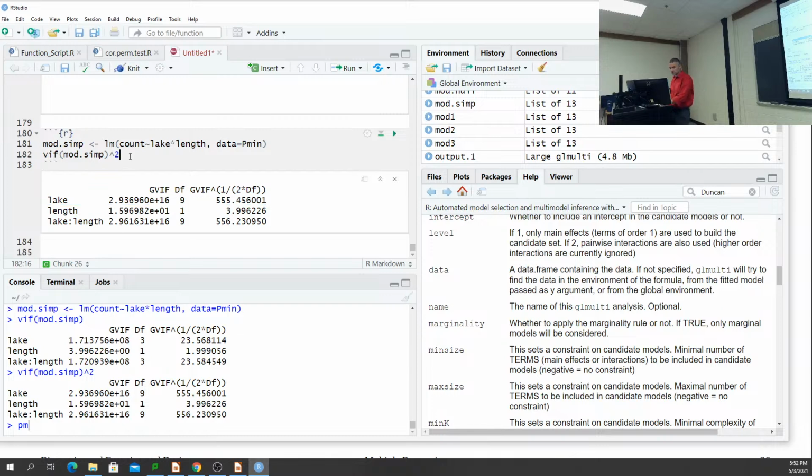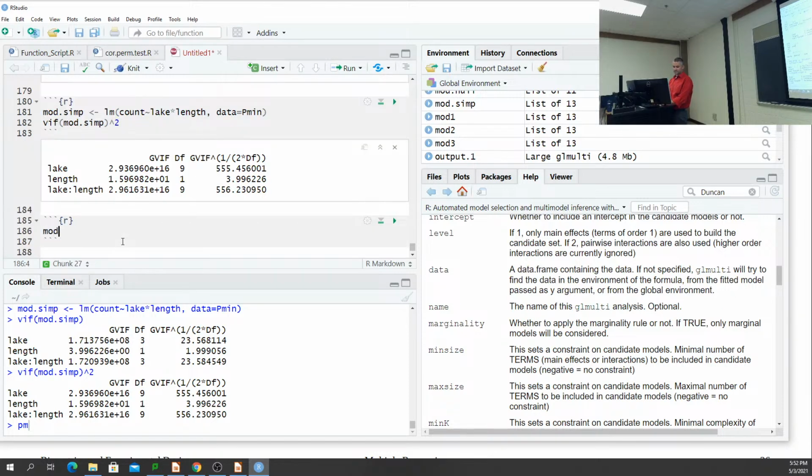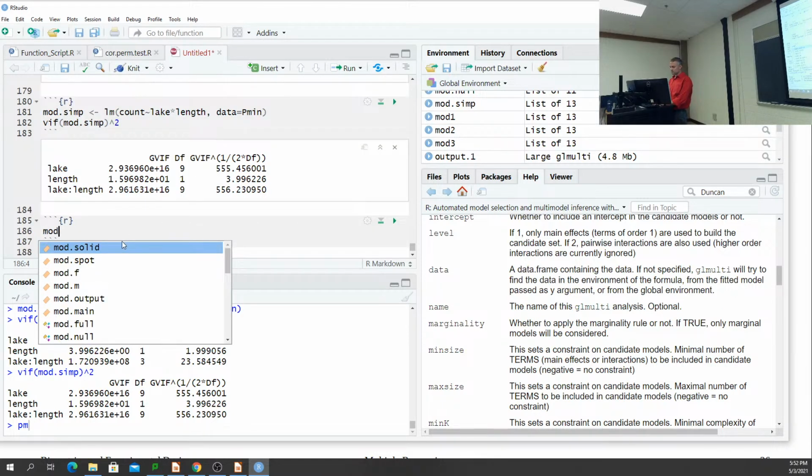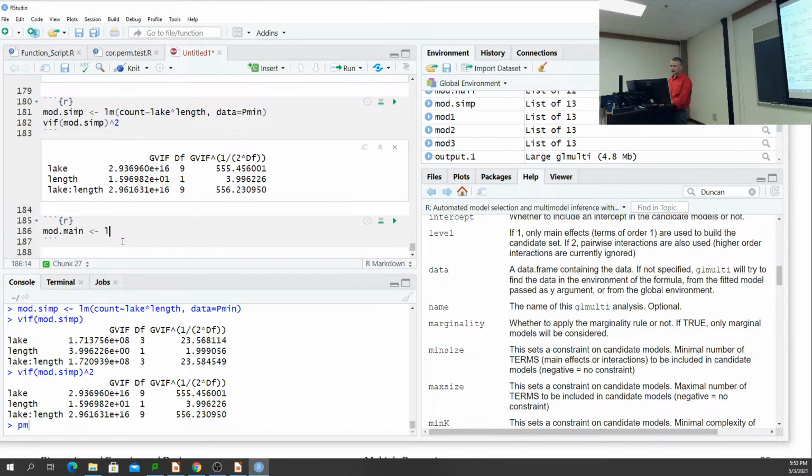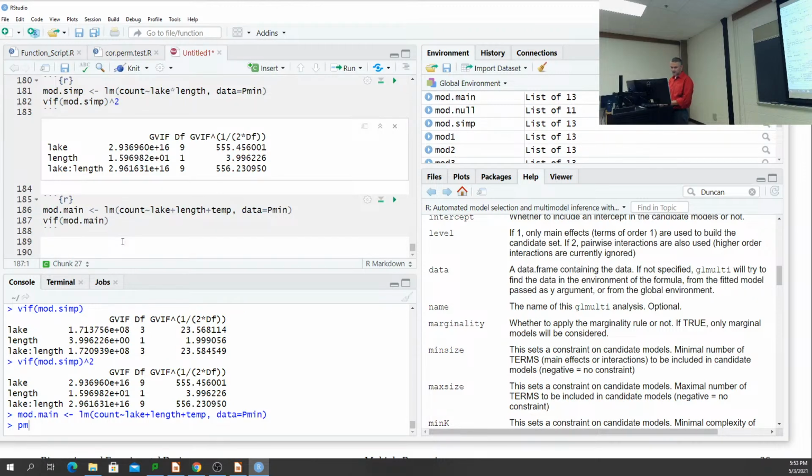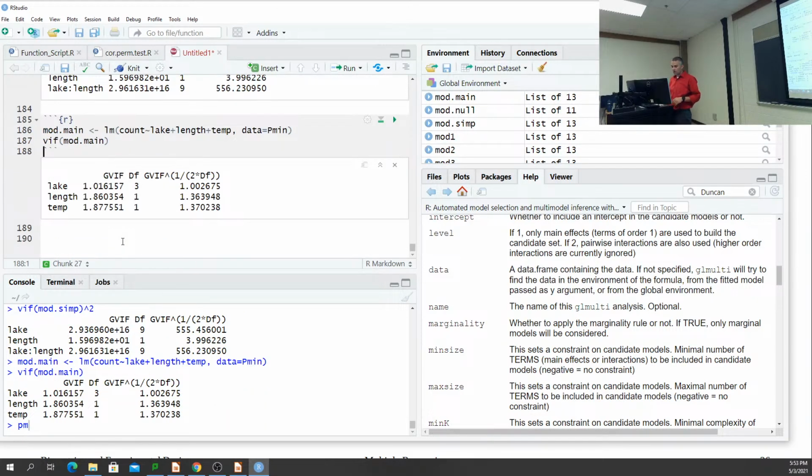Let's change this. Try something different. I'm going to call it mod main only. All right, so VIF mod main. Just do main effects. I'm going to put all of them in there.